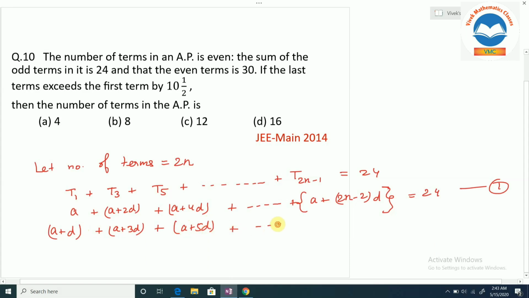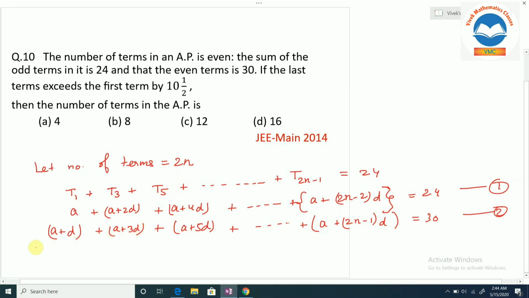At last, since there are 2n terms, the odd terms will be n and the even terms will also be n, so no problem. Here we will get a plus the last one, which is 2n minus 1, into d. And this value is given as 30. This will be our equation number 2.